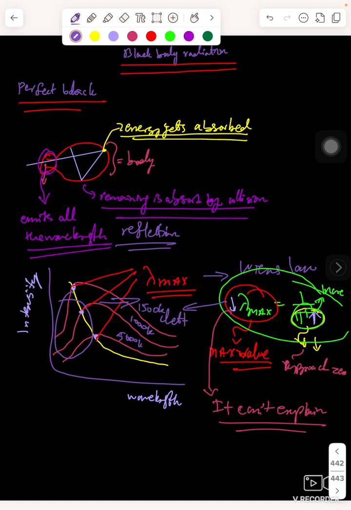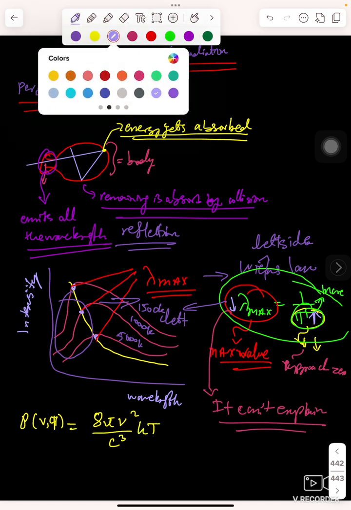Okay, now if this equation is for the left side, we have one more equation for the opposite side, which is known as energy density equals, this is temperature by the way, 8 pi frequency square over c cube kT.